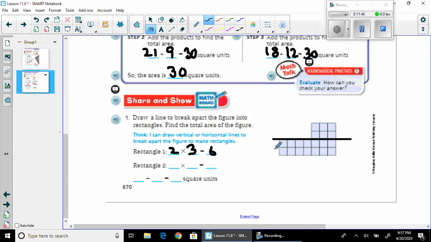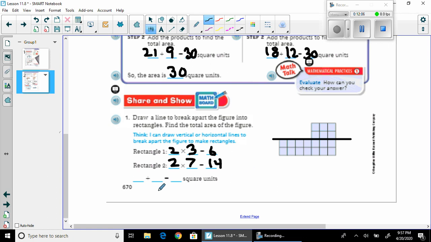All right, so for my second figure, or rectangle 2, I have a length of 2. And then I have a width of 7. All right, so 2 groups of 7 is 14.